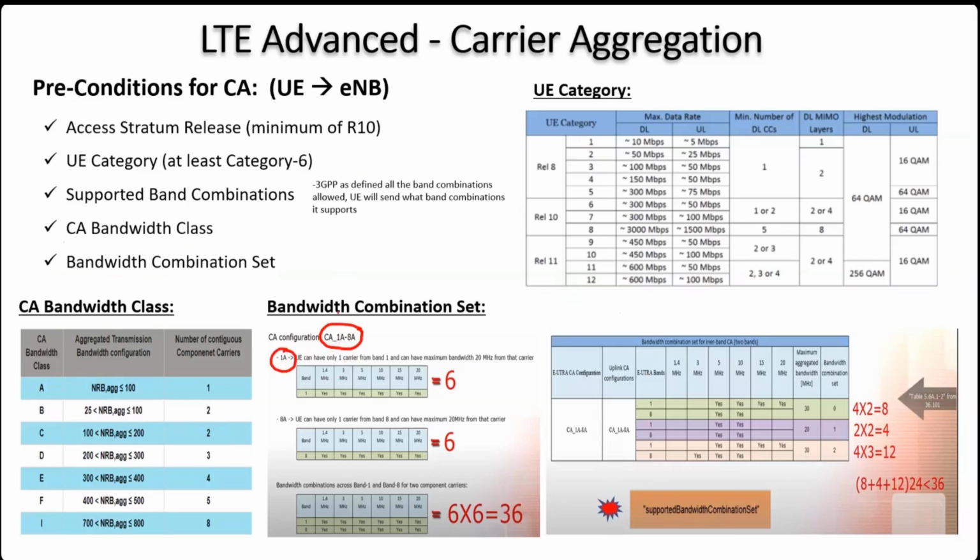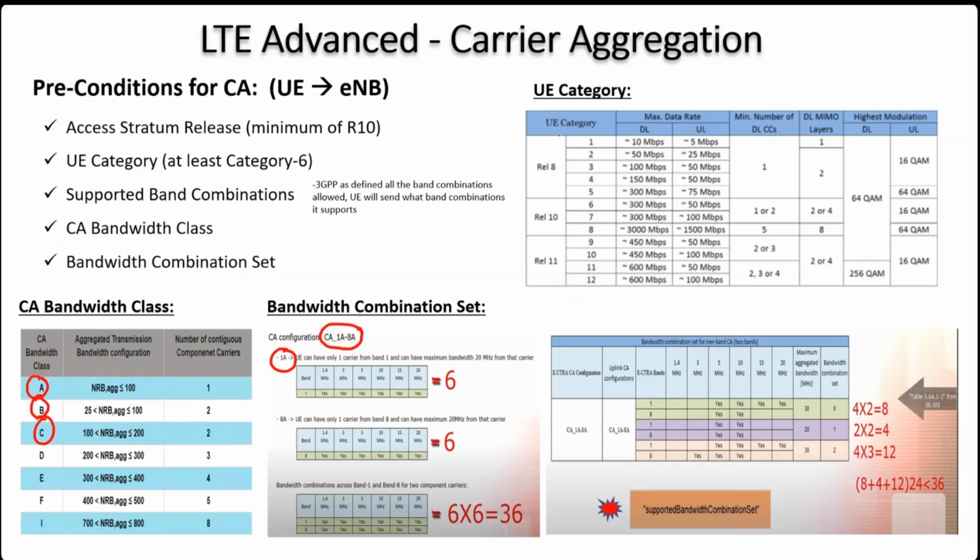From band 1 and bandwidth class A, from band 8 and bandwidth class A. Are you able to understand this? No, sir. See, this is the bandwidth class. And this 1, 8, what is the number telling? It is telling about the band. You know about the bands, correct?